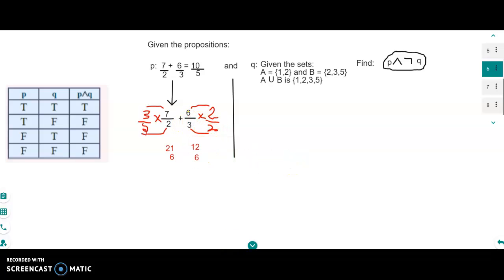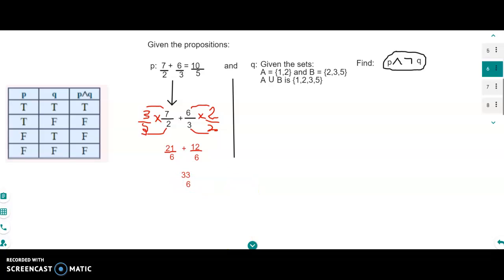Now we already have the same denominators, so we write the fraction line here and the plus. Now, how can we find this addition? Remember that we have to add the numerators. So 21 plus 12 makes 33. So 33 over 6.